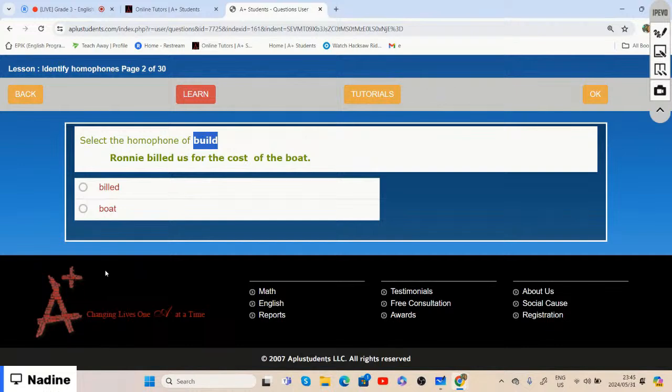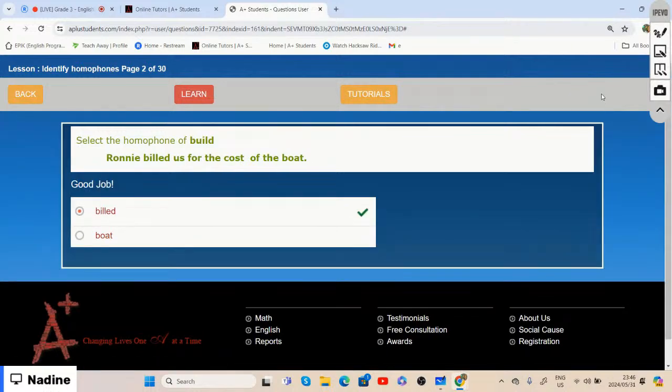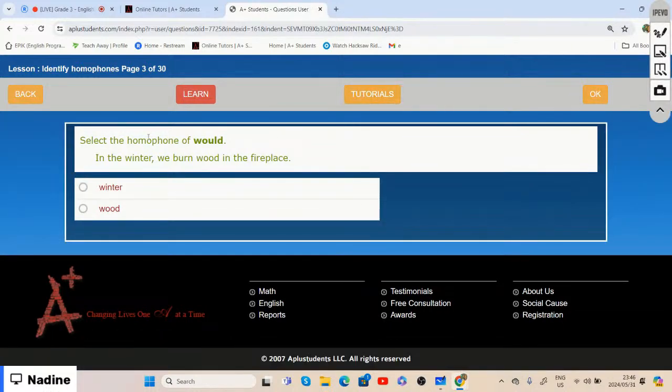All right, and if we were to choose the correct option, we would go with option one, build. It's like if you go to a restaurant and they bring you your bill because you were billed for the food or the drinks that you had. That is the word build, right? Yes, well done, well done.